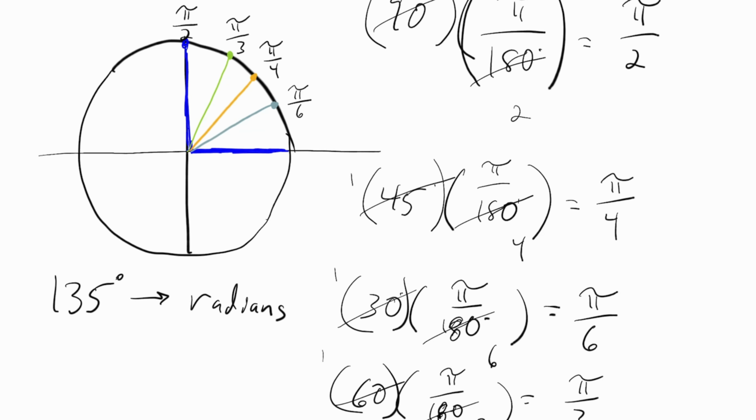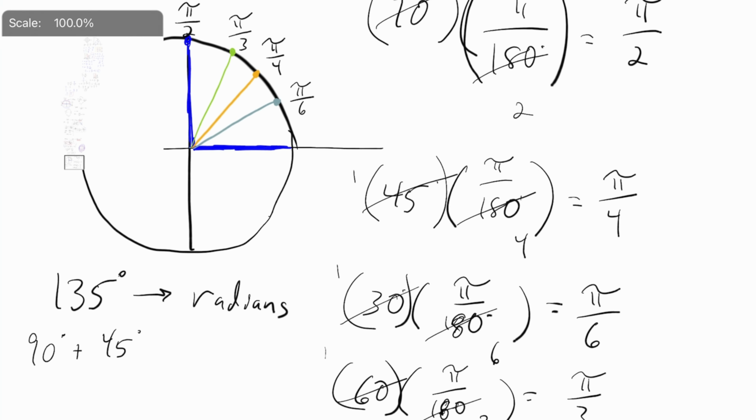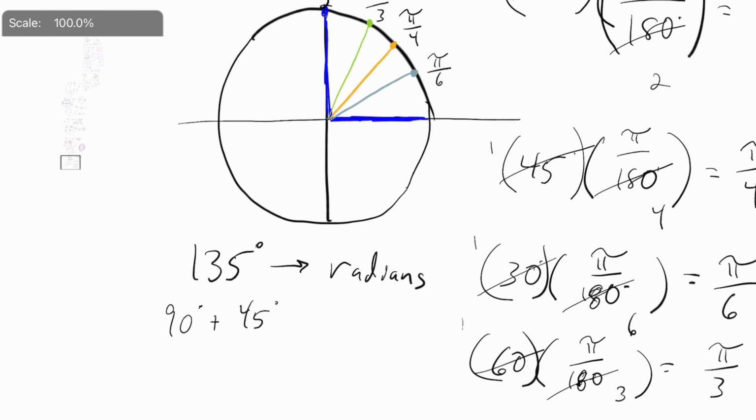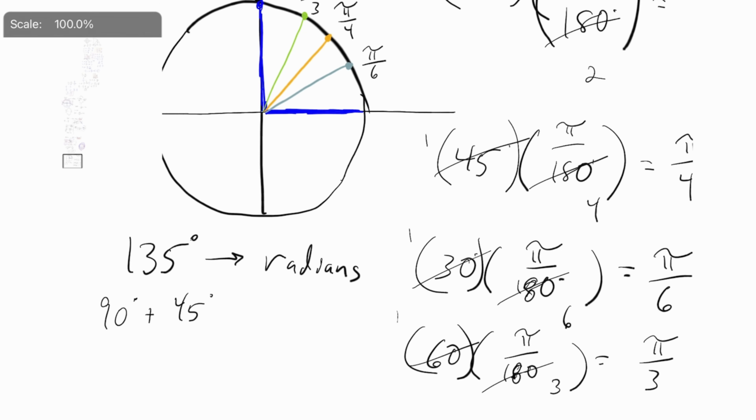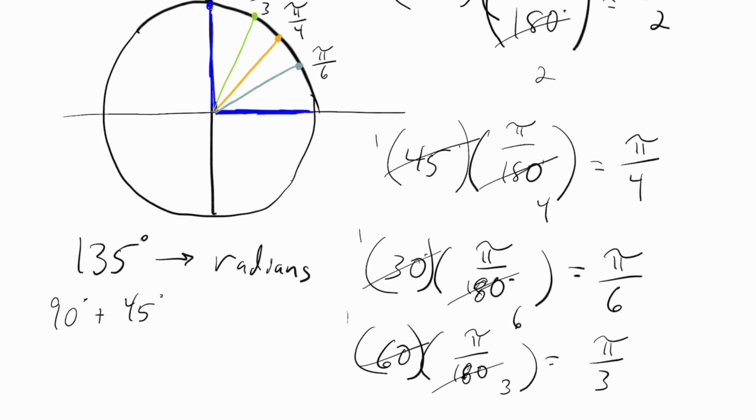But we could also see that 135 degrees is equal to 90 degrees plus 45 degrees, right? 90 degrees is pi over 2, and 45 degrees is pi over 4.